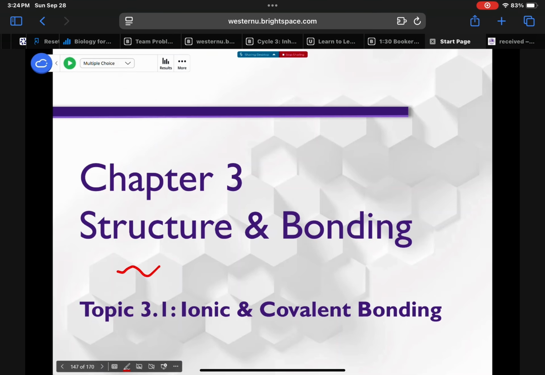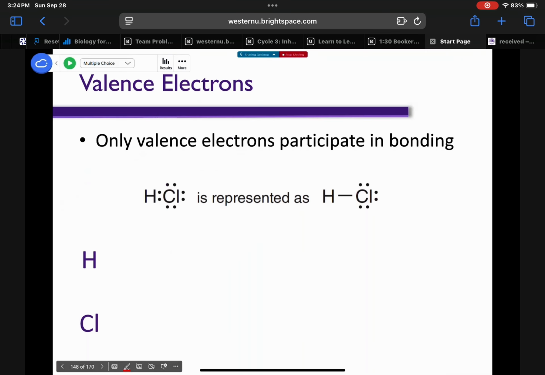Okay, so we've gone from atoms and ions, and we know how to predict their trends and their electron configurations. And now we're going to take all of that knowledge and apply it to bringing atoms together. We're going to start to make different types of compounds and molecules.